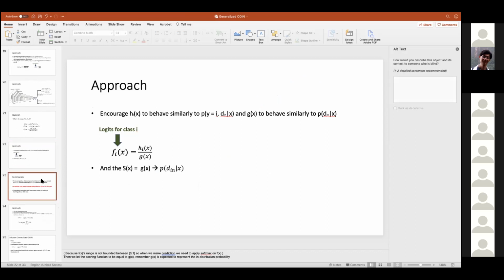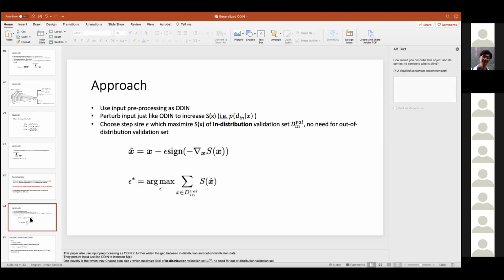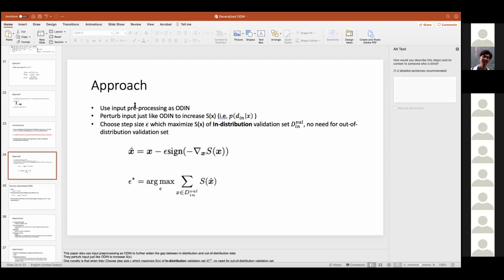Okay. So we let the scoring function be g(x). And then we use the input pre-processing method just as ODIN, but here s(x) is g(x).